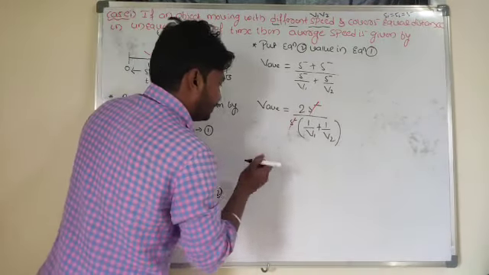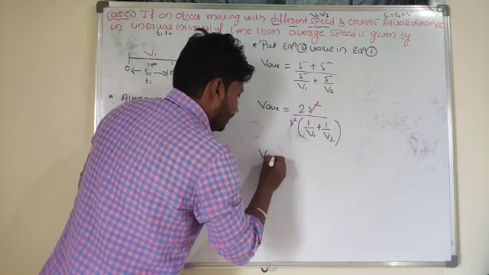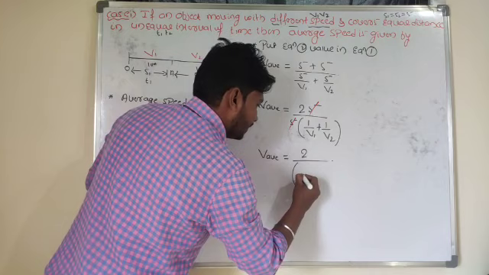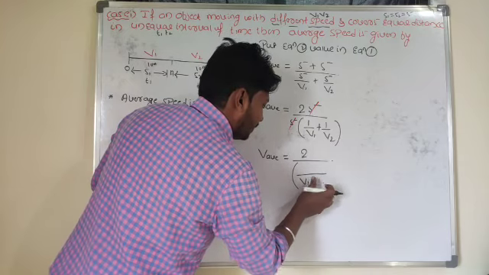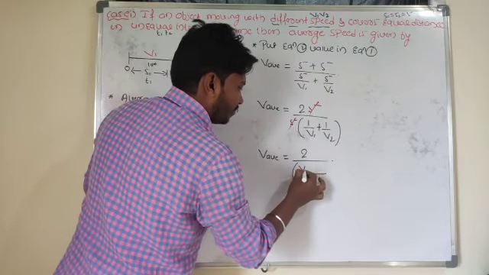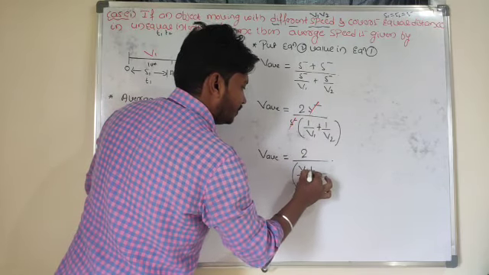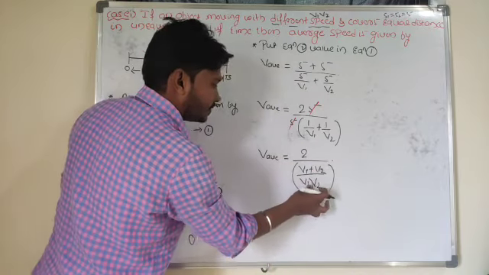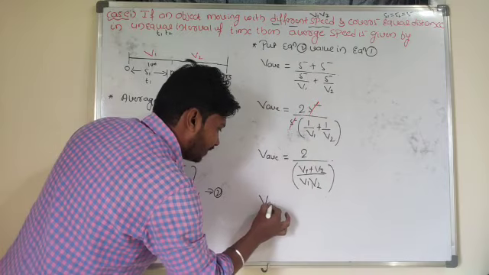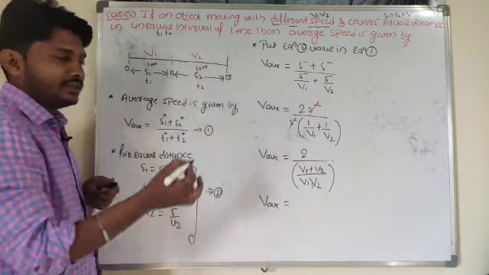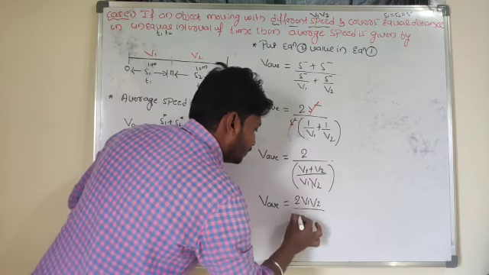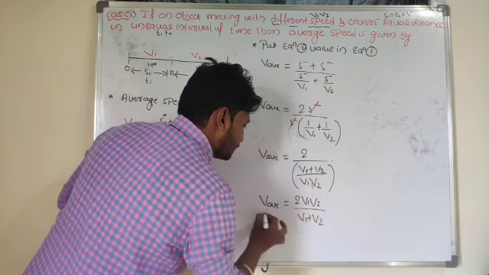Then V average is equal to 2 divided by, taking the LCM, V1 into V2, V2 plus V1, or V1 plus V2. So the denominator term goes to the numerator. So the final equation: V average is equal to 2 times V1 into V2 divided by V1 plus V2.